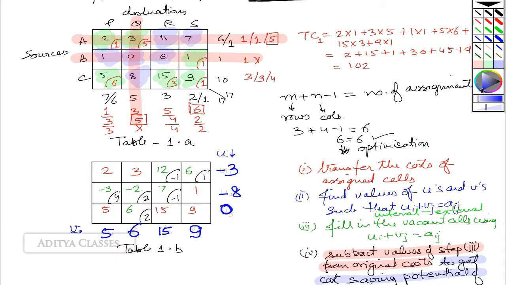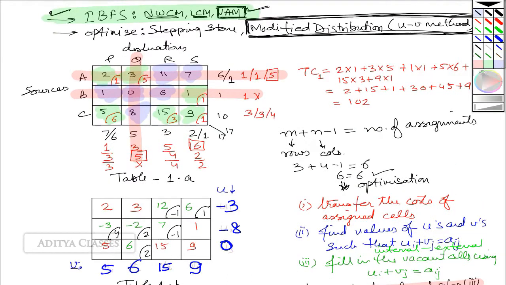So I have not put anything over here. But there is a chance that these cells might have a potential. I have not put anything in these cells, but there is a chance that these cells might be better than the cells that I have selected. This is why we are going in for optimization.